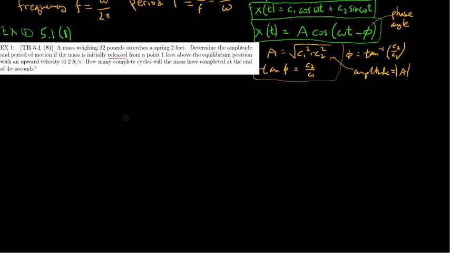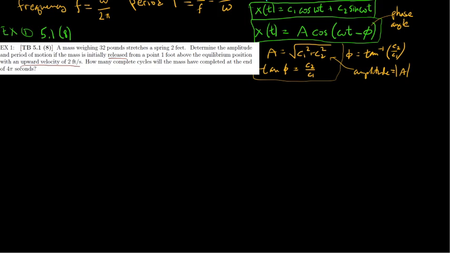Releasing it just means, let it go. We're actually going to be sort of giving it a push with an upward velocity of 2 feet per second. So we're initially pushing it from a point 1 foot above equilibrium position, with an upward velocity of 2 feet per second. Right? And then the second question is, how many complete cycles will the mass have completed at the end of 4 pi seconds?